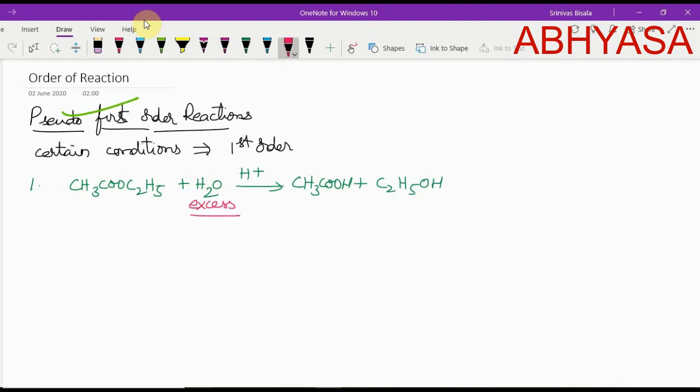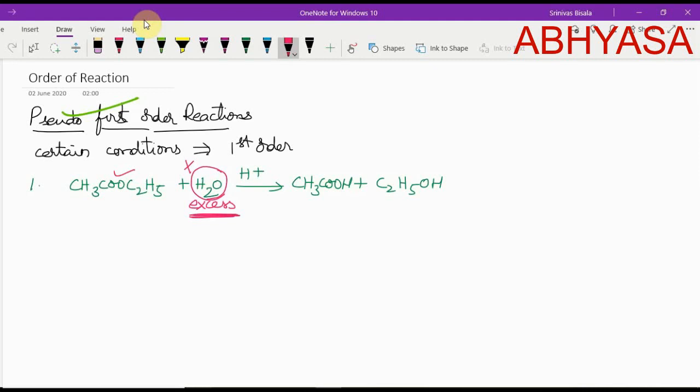So as water is taken in very large excess, during the progress of the reaction the concentration of water almost remains constant, means its concentration is not changing. So we can say that rate is not depending upon the concentration of water, rate is depending only on the concentration of ethyl acetate. So what I had given in the definition, under certain conditions they are behaving as first order. What is that condition? When one of the reactants is present in very large excess. That is the condition here.